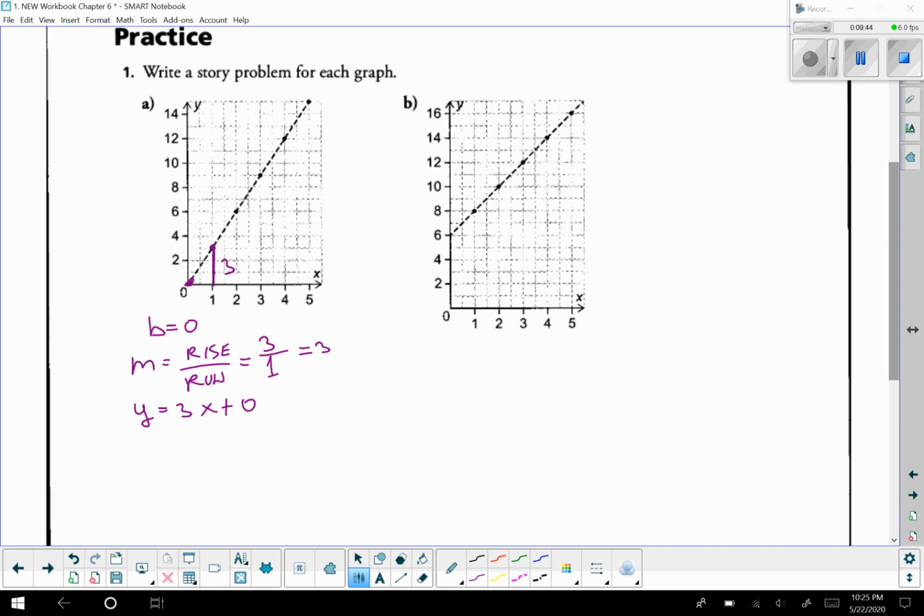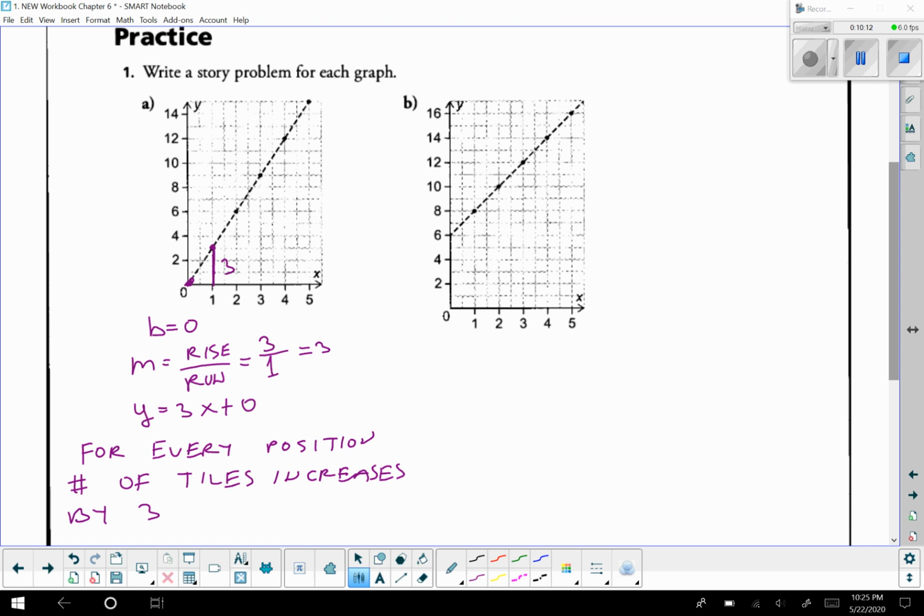So you can write some kind of a tile story. You can say that for every position, the number of tiles increases by 3.